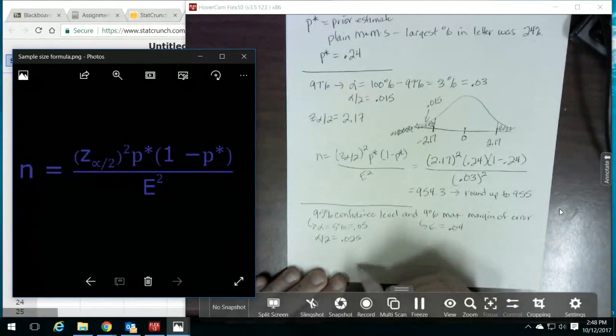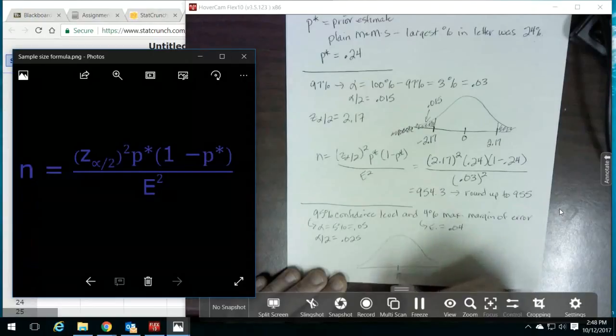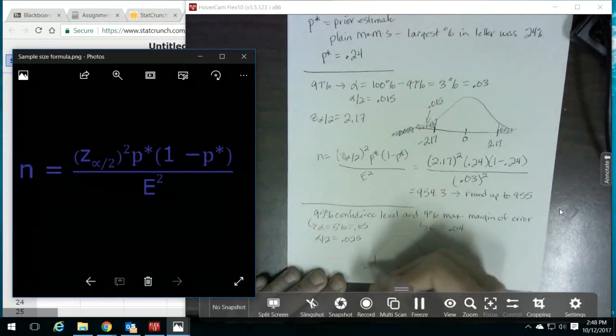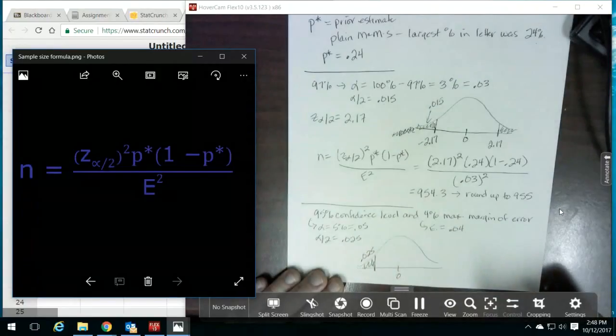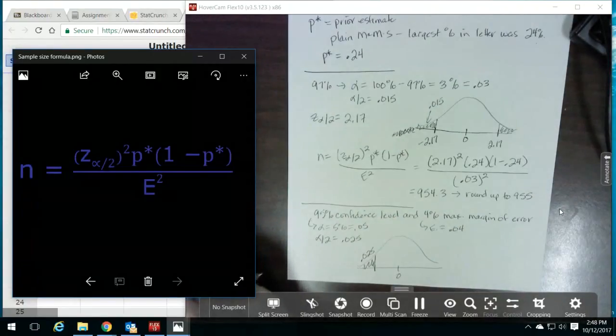Then again, what I'm doing with this is I have my normal distribution. I want to know the cutoff value right here so that my area in the left tail of this is 0.025. So I'm going to go back to the inverse norm and put in 0.025 instead of the number I had in there before.